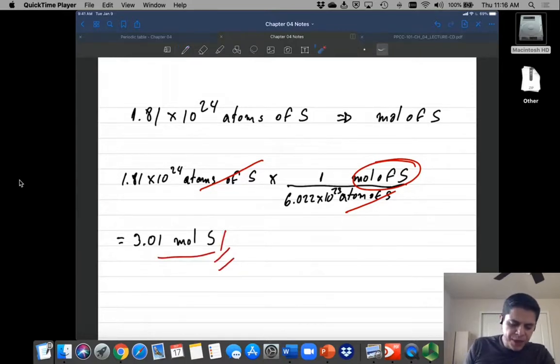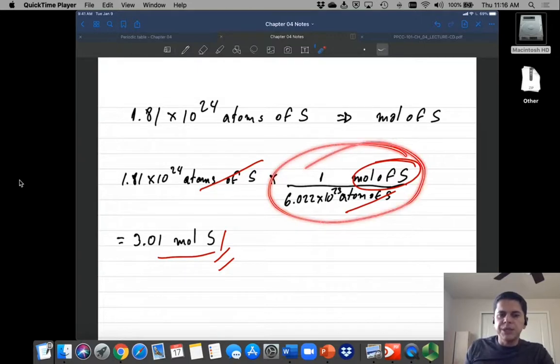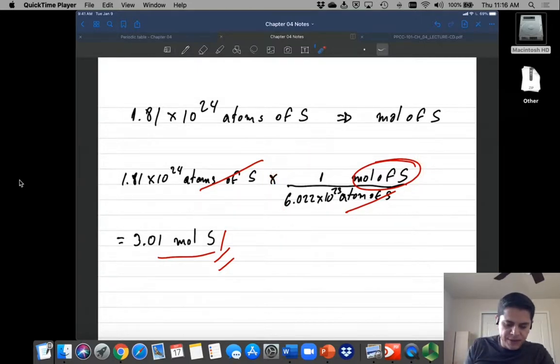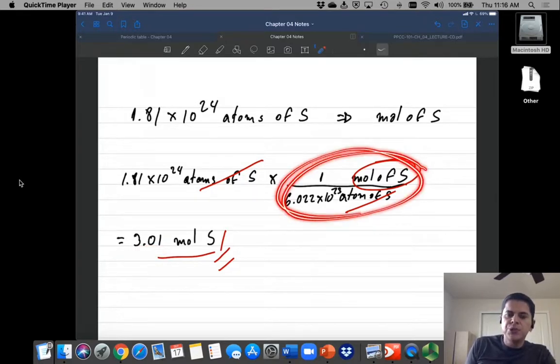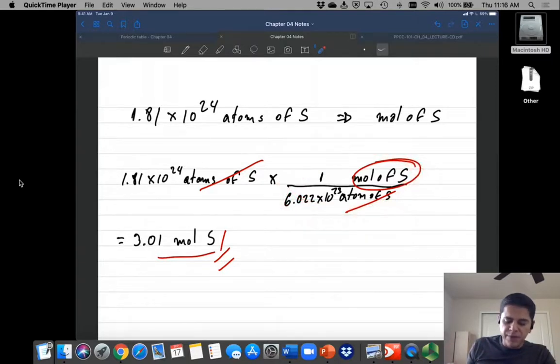Just a quick note here. Every time we're doing conversions that involve multiplications and divisions, I've said this in the past, but it's good to have a little review. The number of sig figs that you have in here will be equal to the number of sig figs that you have in the answer. And the reason for this is very simple. We always assume that conversion factors are exact, meaning that they have an infinite number of significant figures.